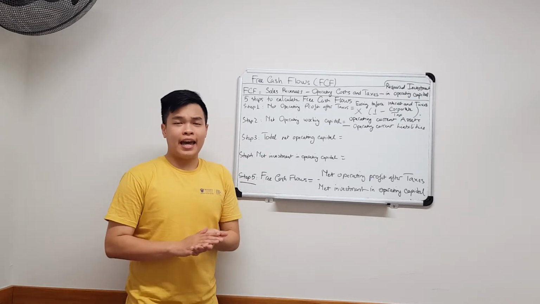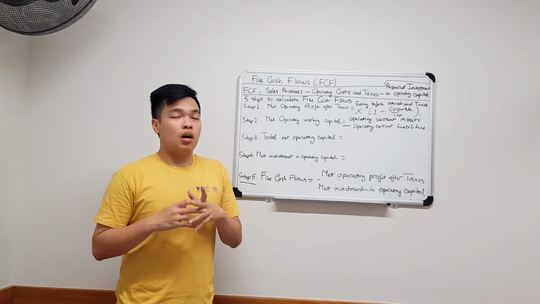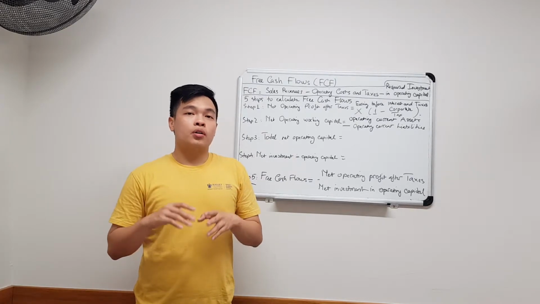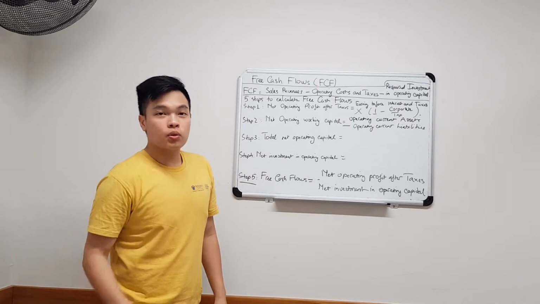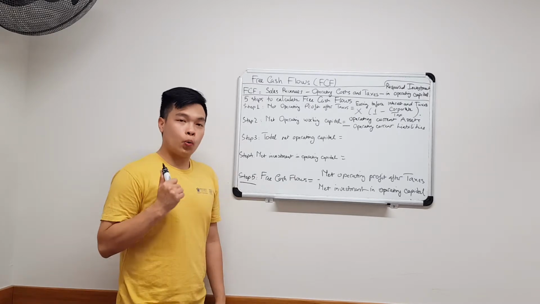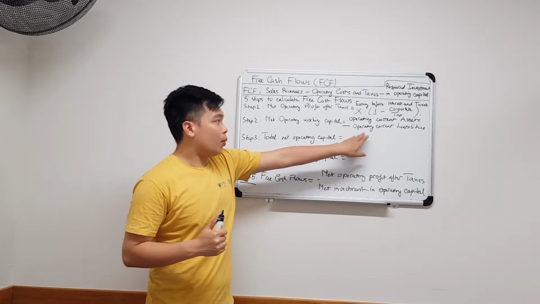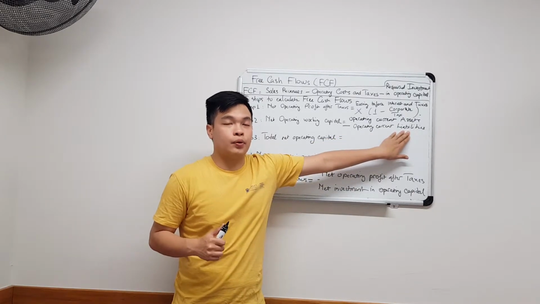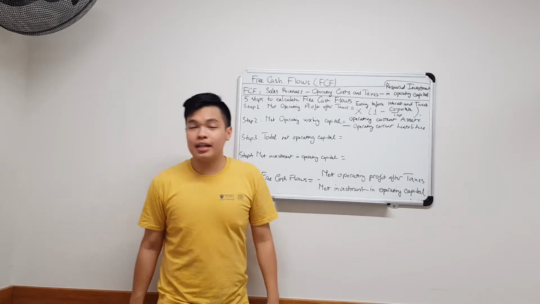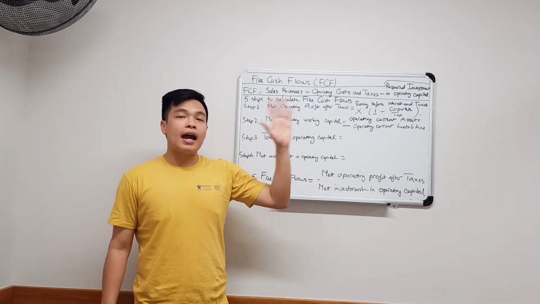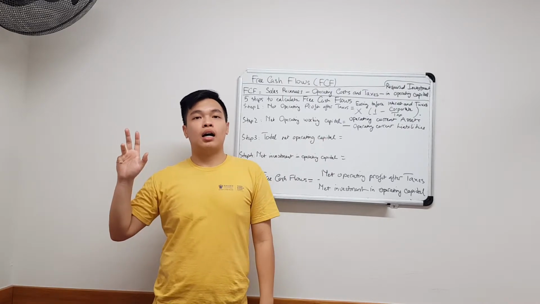Net operating working capital is the capital available for your firm's operating activity. To calculate it, we take operating current assets minus current liability. Easy. You remember in the balance sheet we have assets equal to equity plus liability.